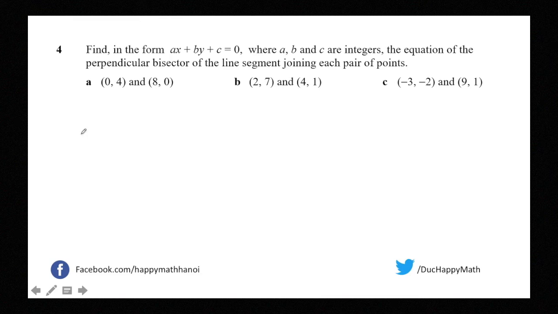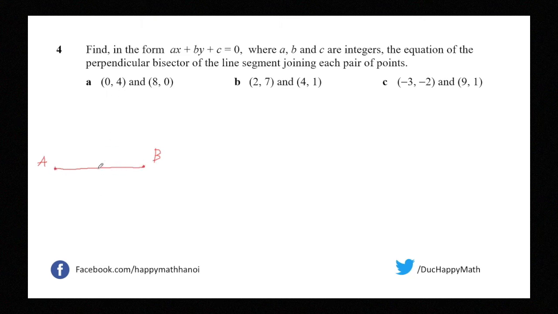In the form ax + by + c = 0, find the equation of the perpendicular bisector of the line segment joining each pair of points. The new definition here is: what is the perpendicular bisector? Take a segment: when you have a point A and a point B, you join them together and have a segment.